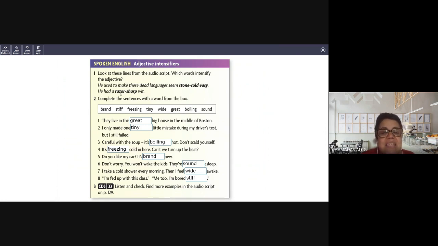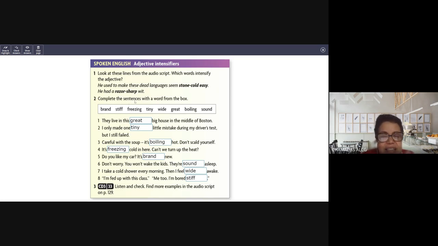He had a razor sharp wit. So as you can see, we have some words that come before the adjective to intensify the adjective. They all make the adjective stronger, okay? Like stone cold, razor sharp, okay?